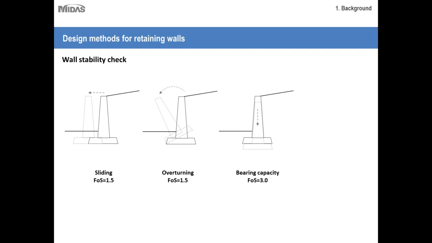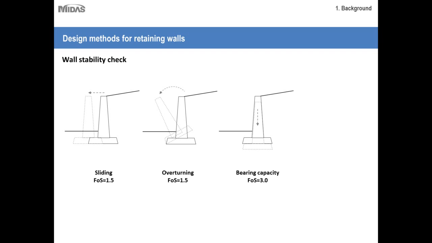Then we have a bearing capacity check. Now if you are dealing with soil strata where there are excessive volume changes, or it can consolidate further, or there is not proper access to drainage, at those locations you can expect some kind of settlement occurring under the foundation of the wall.